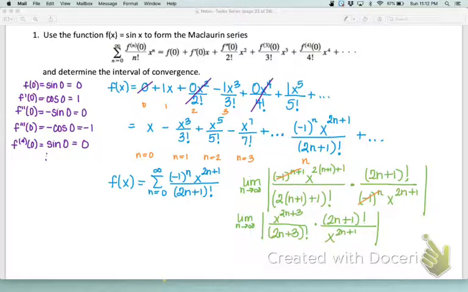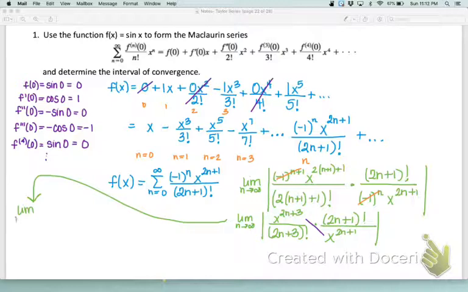Okay, this is getting a little squished. I hate to do it this way, but I'm going to work backwards here now. So when we subtract exponents here, x to the 2n plus 3 divided by x to the 2n plus 1, we're just going to get x squared, and it'll be in the numerator.